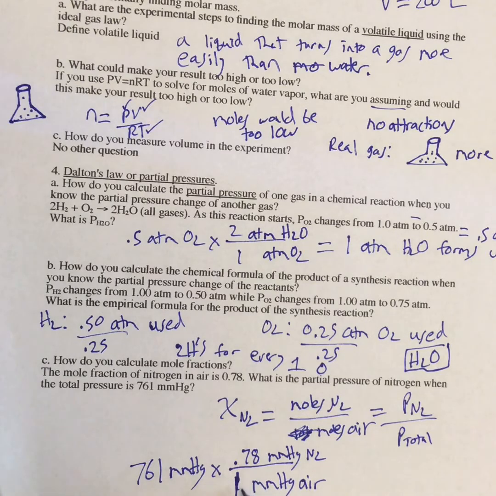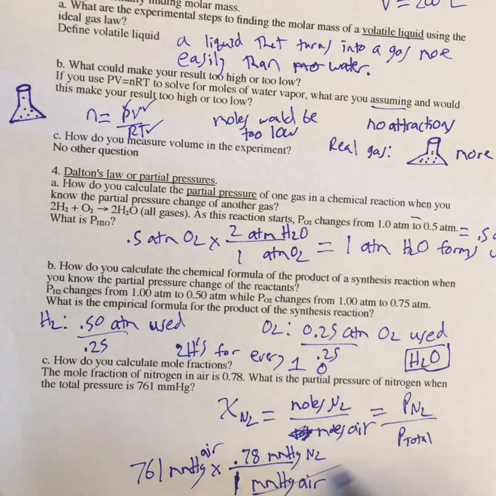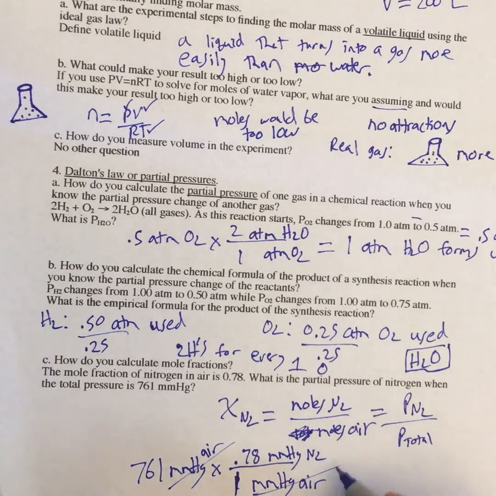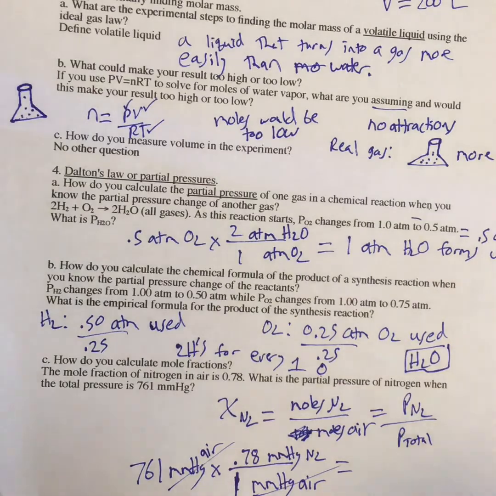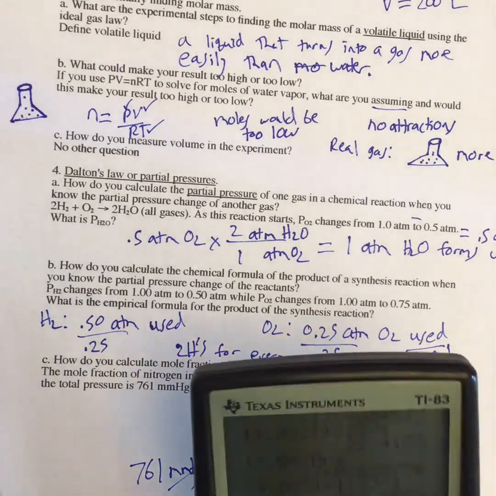That's how fractions work, is if they don't have something for the bottom, it's just 1. Okay, so this is the total pressure, so I'm trying to show you how the units cancel out because I'm trying to do a good job. Okay, so that would be 761 times 0.78 divided by 1.